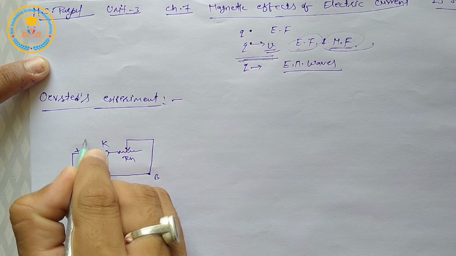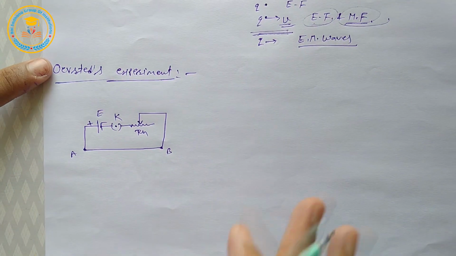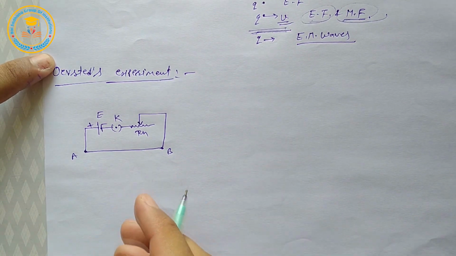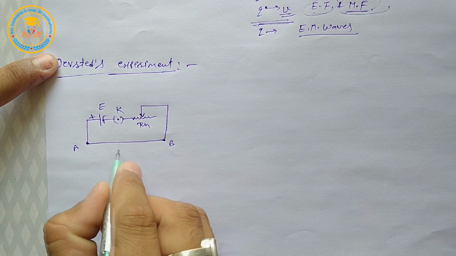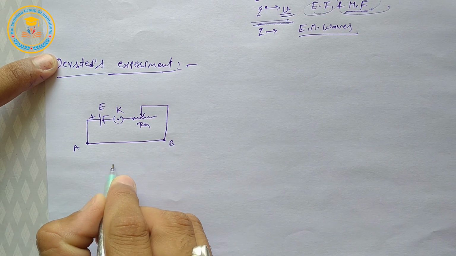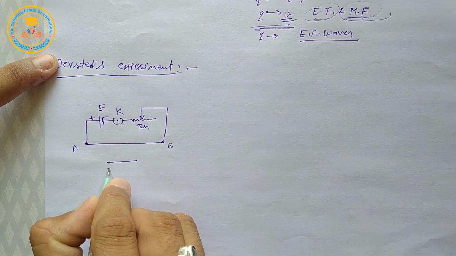This is our electric circuit. Okay, and a magnetic needle like a compass needle is placed near this wire, below this wire.